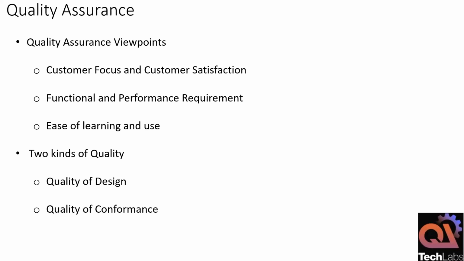If it meets the functional and performance requirement of the user, then the quality is good. First question, they will ask you, what is quality? The next one is ease of learning and use. So two kinds of quality: quality of design, quality of conformance.